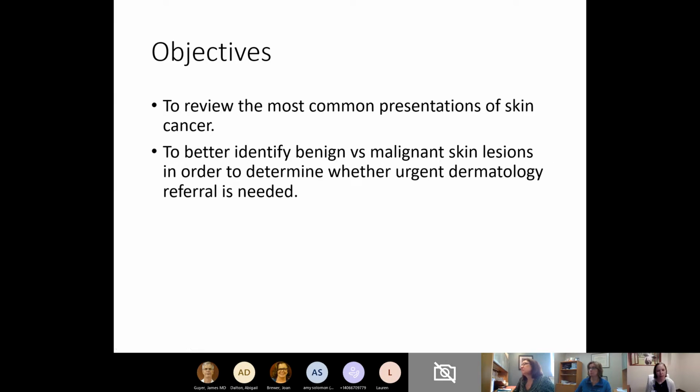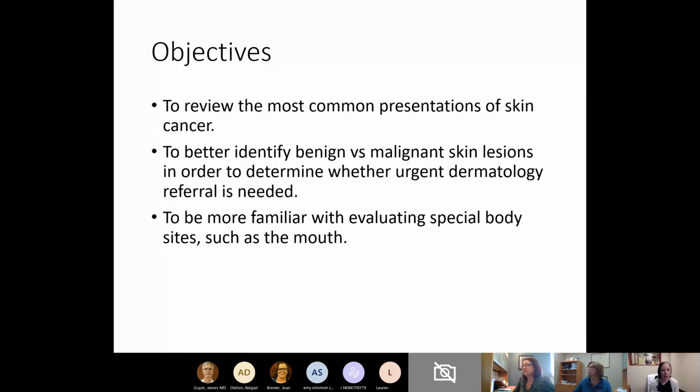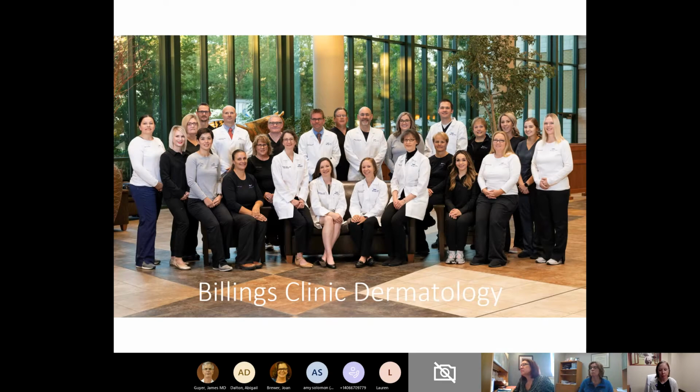To better identify what's harmless versus cancerous, and to determine whether an urgent referral to dermatology is needed. And lastly, patients will bring you special body sites like the mouth or their feet, and those are tricky spots that I want everyone to be a little more comfortable with. I don't have any conflicts or disclosures. I just wanted to give you an overview of our department.